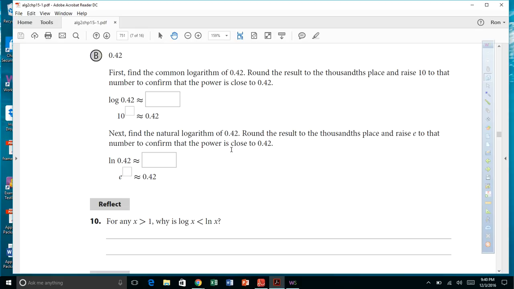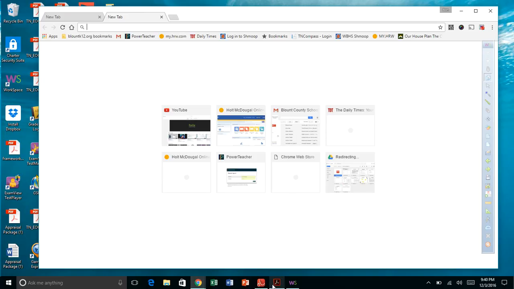0.42. First, find the common logarithm of 0.42. Round your result to the nearest place and raise 10 to that number. I'm going to go ahead and use the Inspire.